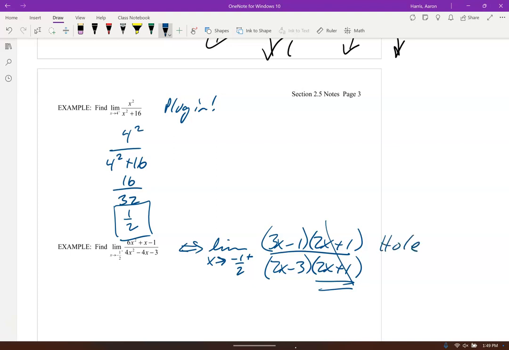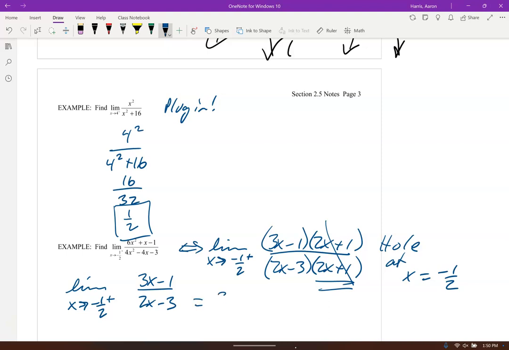That's because I have a hole at x equals negative 1/2. This is a rational function, so I have a removable discontinuity. So why don't we just rewrite it as the simplified version? It behaves like the simplified form, but the simplified form doesn't have a hole in it. And I get arbitrarily close to the hole anyways. That's where my limit's going to be.